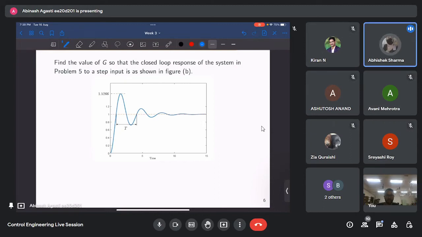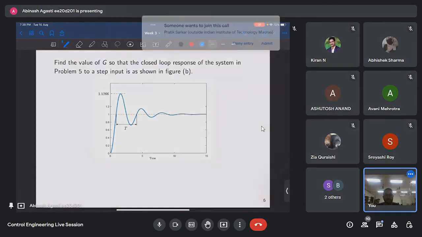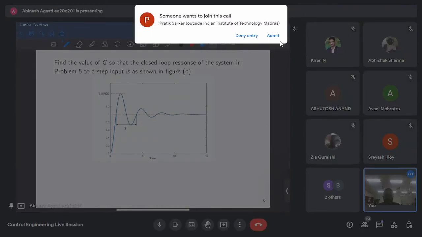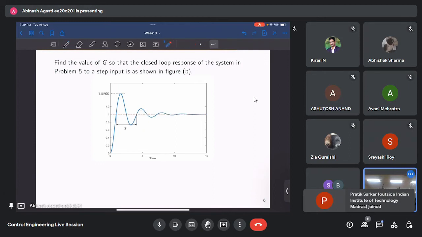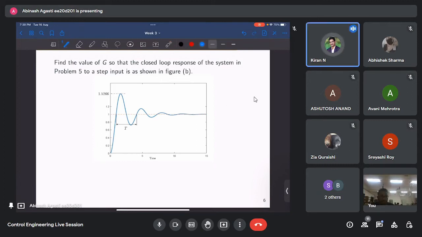Final value of C of S, that we can do. That is one thing. Maximum peak overshoot is given, sir. Yeah, this is given.